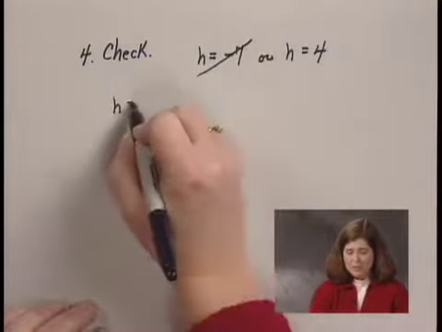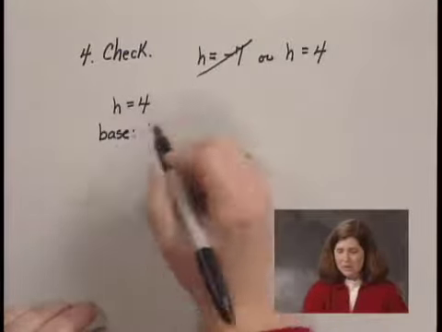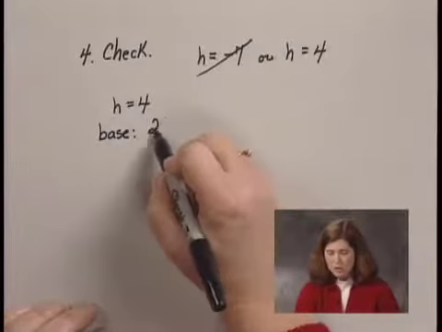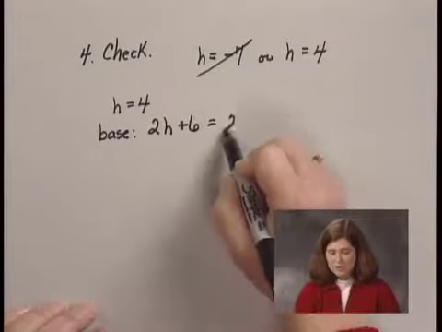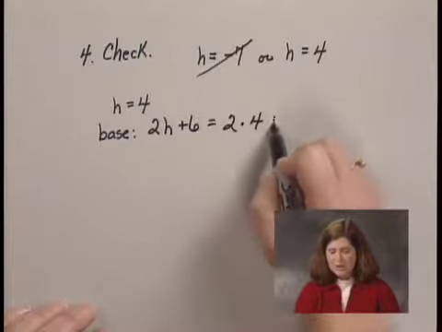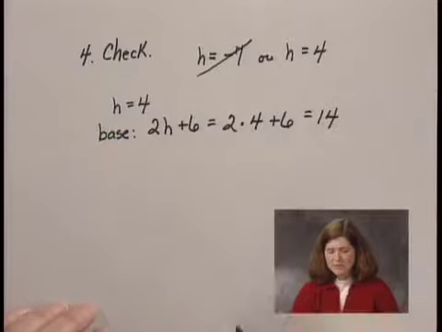Well, if h is 4, then the base, which as you recall was 2 times the height plus 6, would be 2 times 4 plus 6, which is 8 plus 6, or 14.